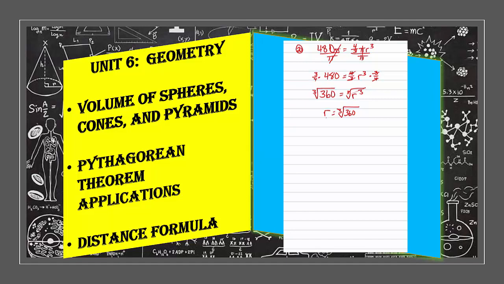We just need to know what the radius is, and if we have an r value set equal to another value, we know its radius. We also know that we're increasing this shape by a scale factor of 3, which means I'm multiplying this given radius times 3. Well, that would make my new radius 3 times the cubed root of 360.